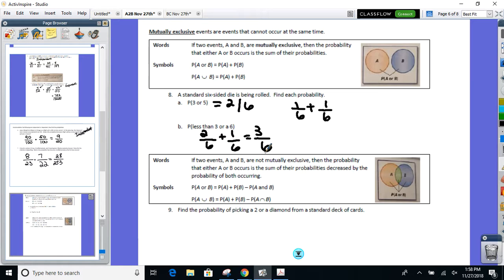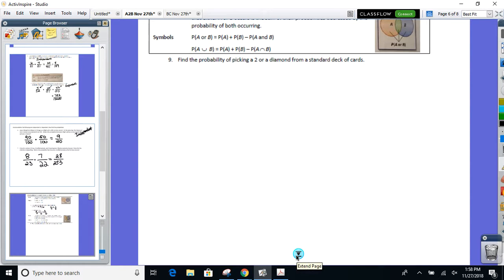Okay, because that's what we're going to get into right now: when they have something in common, something that's not mutually exclusive, that they're not separate. So look at my card example I have down there. Let's finish this off strong. What's the probability out of a deck of cards you pick a 2 or a diamond? Ready, everybody? A 2.